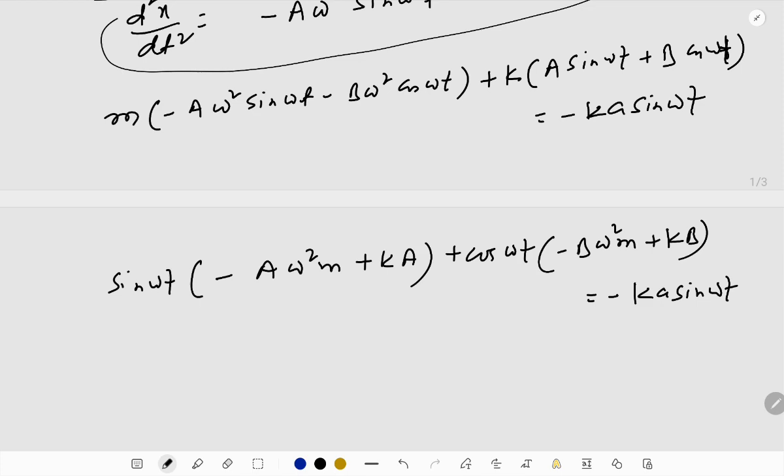Okay, right. And I would like to put first the value of t equal to 0.